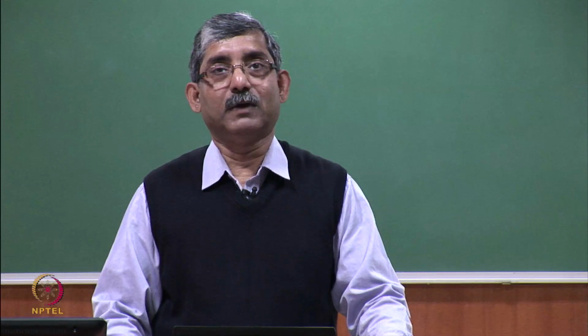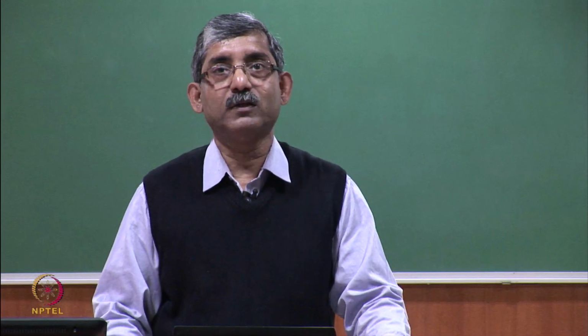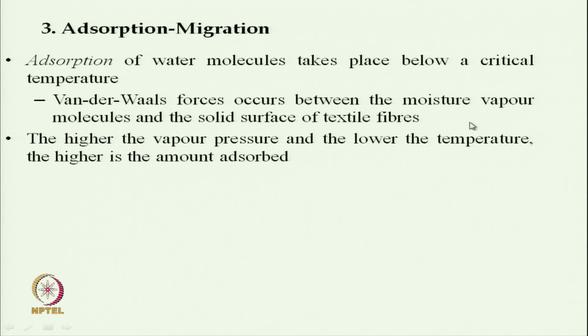Van der Waals forces occur between the moisture vapor molecule and the fiber surface, and they get attached to the fiber surface, but not absorbed. At higher vapor pressure and at lower temperature, this adsorption takes place.